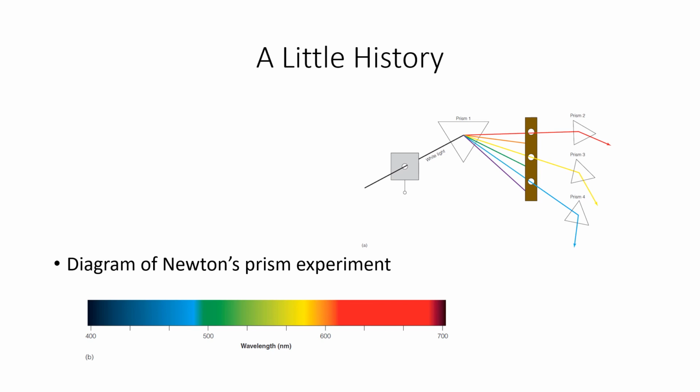What you can tell there, I hope, is clear in the picture: the longer wavelength light is not being refracted or bent quite as much as the medium, the yellow, or the short, which is being bent the most. So this was showing him that these wavelengths had different physical properties.